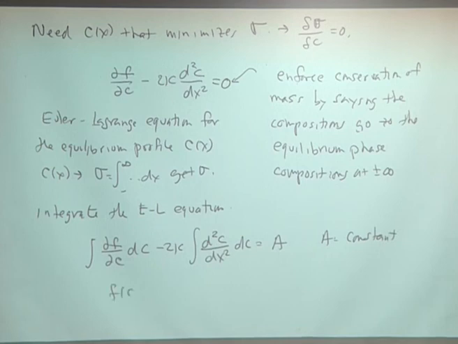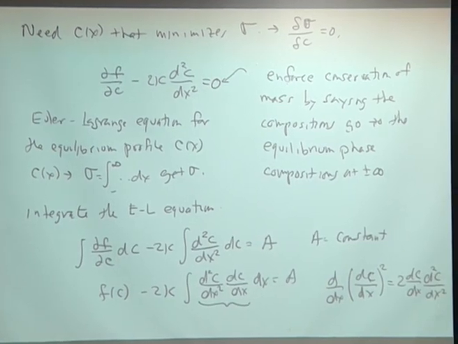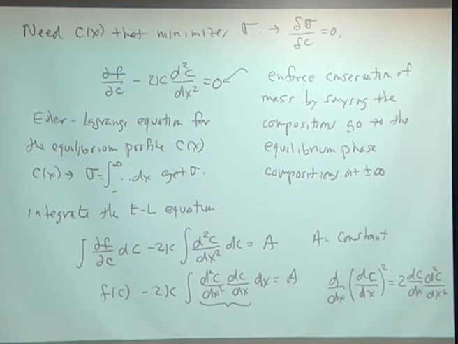So the first one is just f as a function of c. The second one here you can rewrite. Do a change of variables in the integration. Equals a. And then what you realize is that d by dx of that is equal to that, which is exactly what we have here. And so you can replace that term with 1/2 of that.